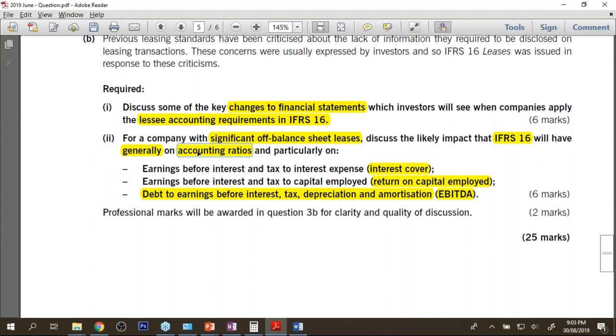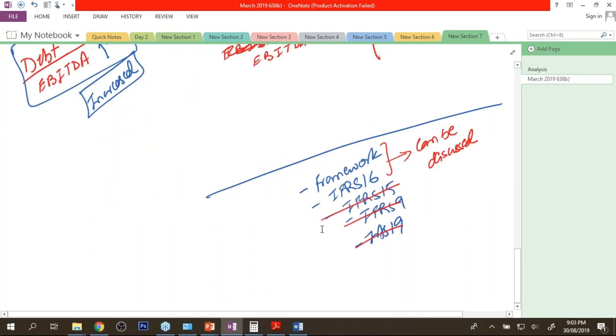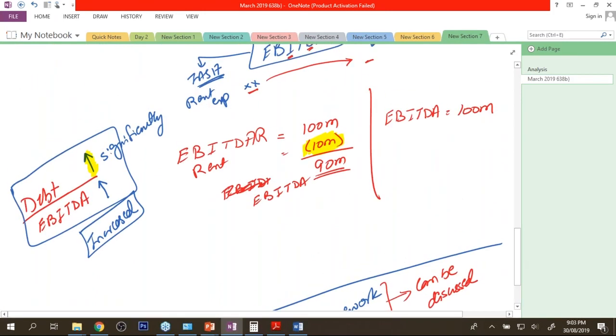Yes, Salman, you're right. Kanya is saying that I don't understand how come depreciation is added back because right to use asset is debit. Kanya, when we calculate EBITDA, what happens? EBITDA means earnings before interest, tax, depreciation and amortization.